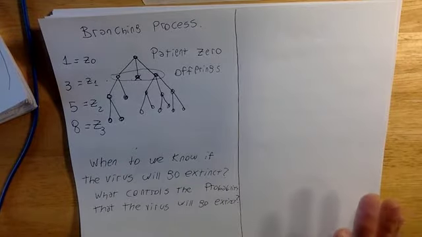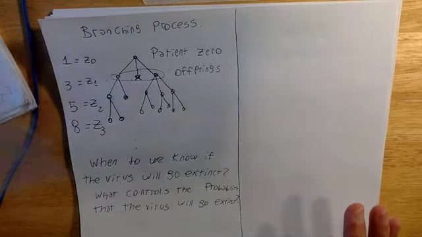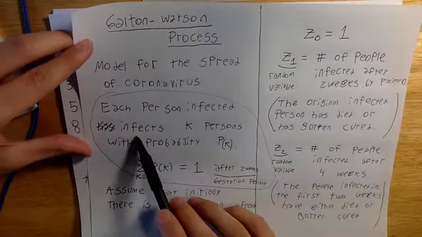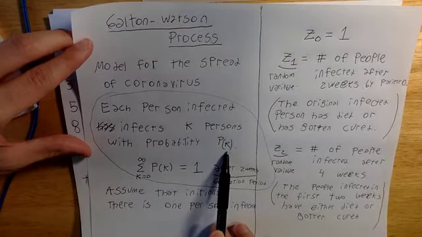This is something we're going to look at further, but the first answer is that you need to look at the expected value of the random variable of how many persons each person infects, k persons with probability pk.